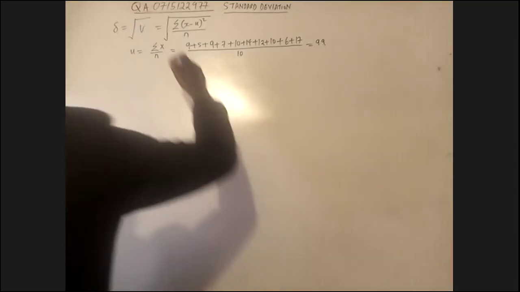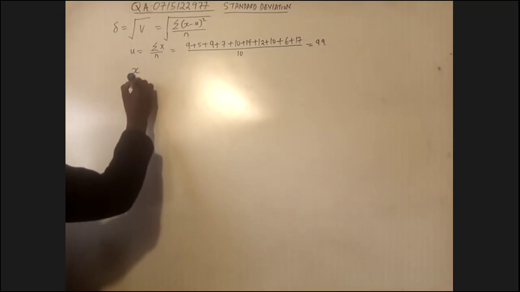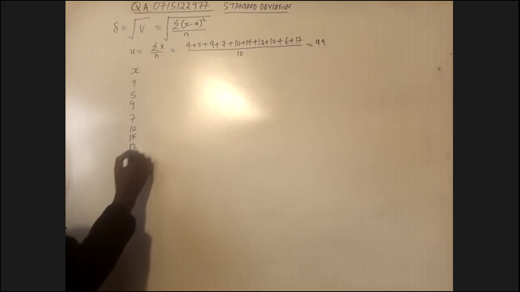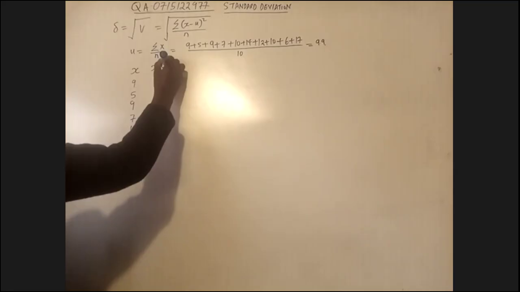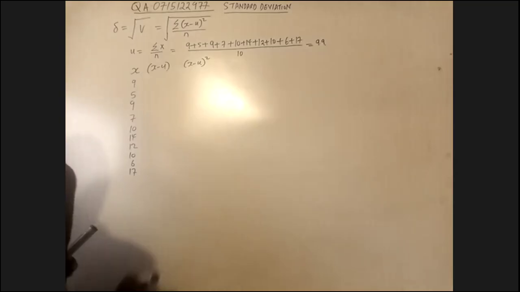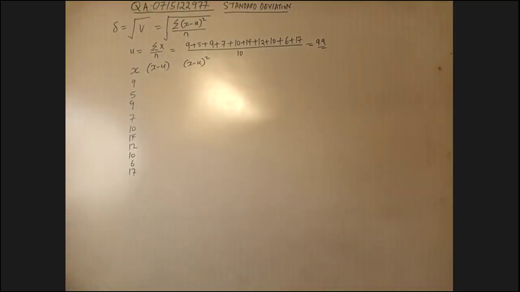Now we need to find x minus mu, then x minus mu squared. So we have our x's, so we can draw a table: 9, 5, 9, 7, 10, 14, 12, 10, 6, 17. But we know our mu is 9.9.